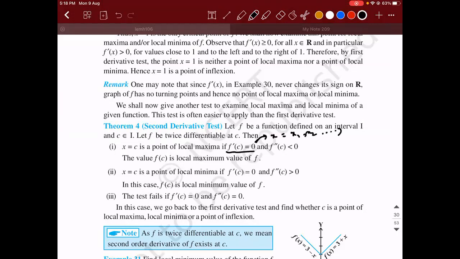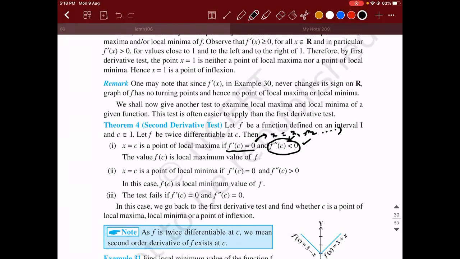Even if you get only one value, you have to do the second derivative test. Substitute the values x1, x2, x3 in the second derivative. Depending on whether it gives you less than 0 or greater than 0, it is classified as maxima or minima.